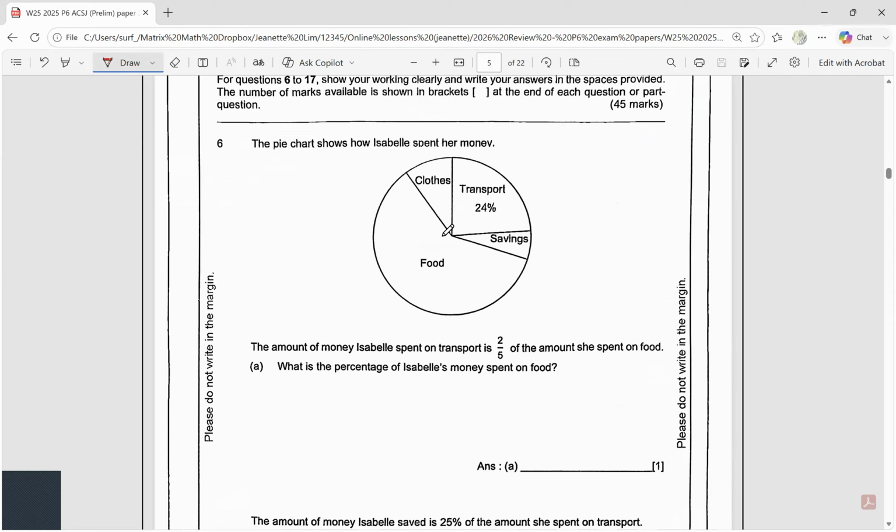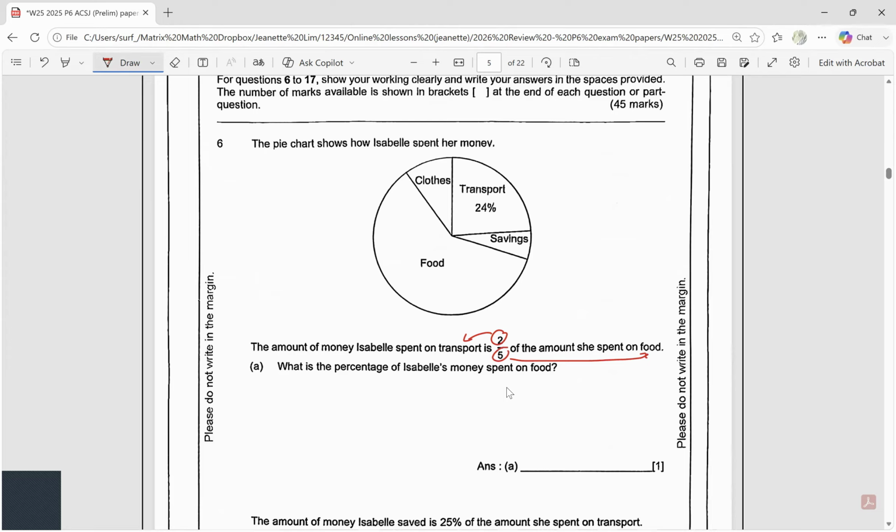Question 6, pie chart shows how Isabel spent her money. So the amount of money she spent on transport is 2/5 the amount spent on food. What is the percentage spent on food? Okay, so if we have 2/5 here, 2 is referring to the transport and 5 is referring to the food, the number of units.